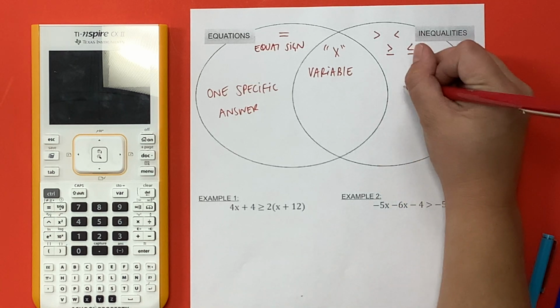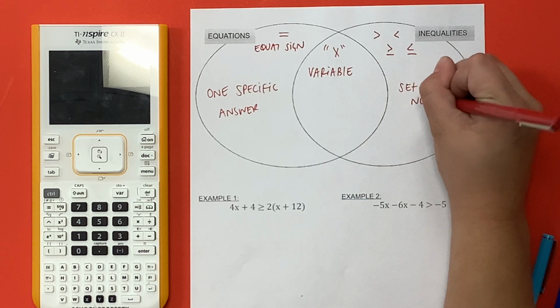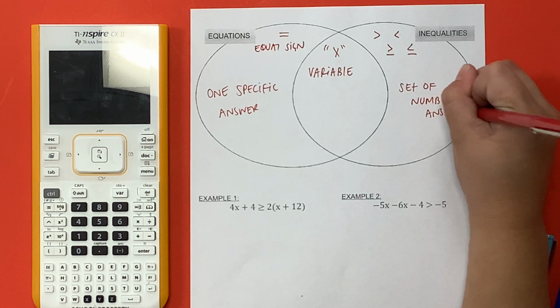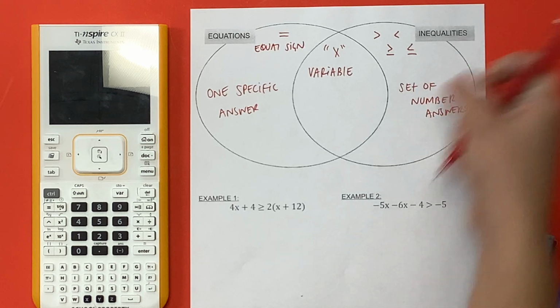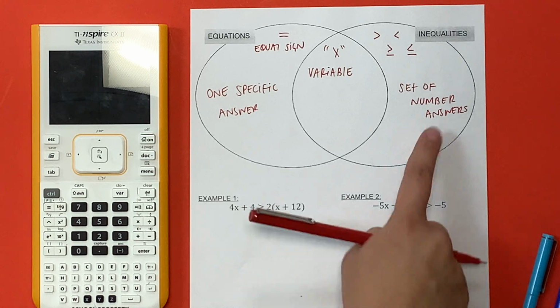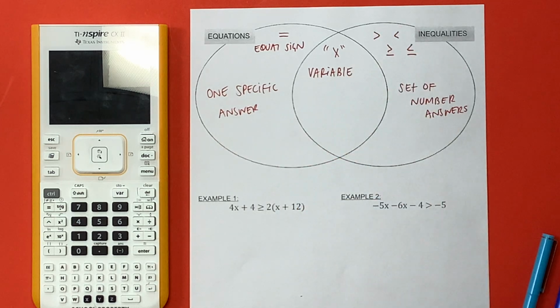So it is a set of numbers. It depends on what sign you have. So we're still finding that one important number, except the answer is going to take on a little bit of a different meaning.